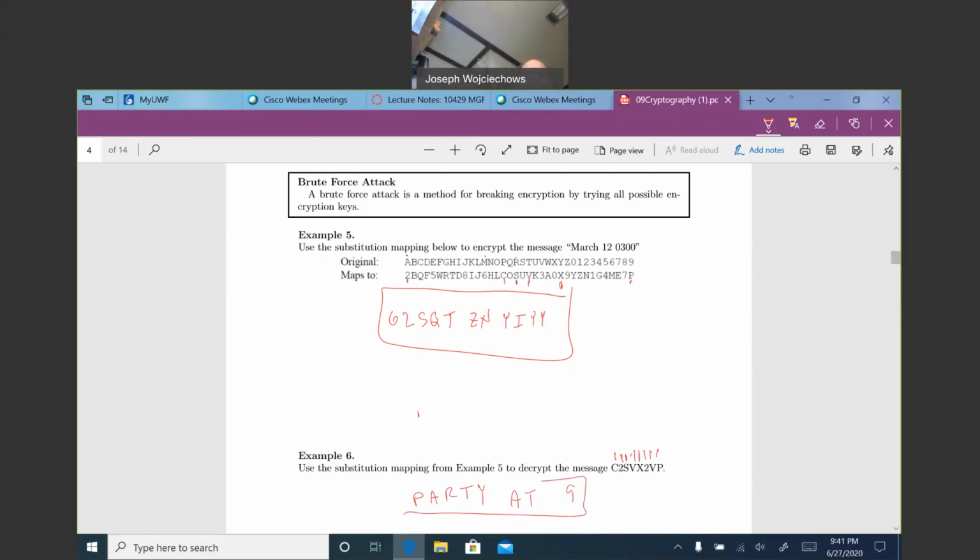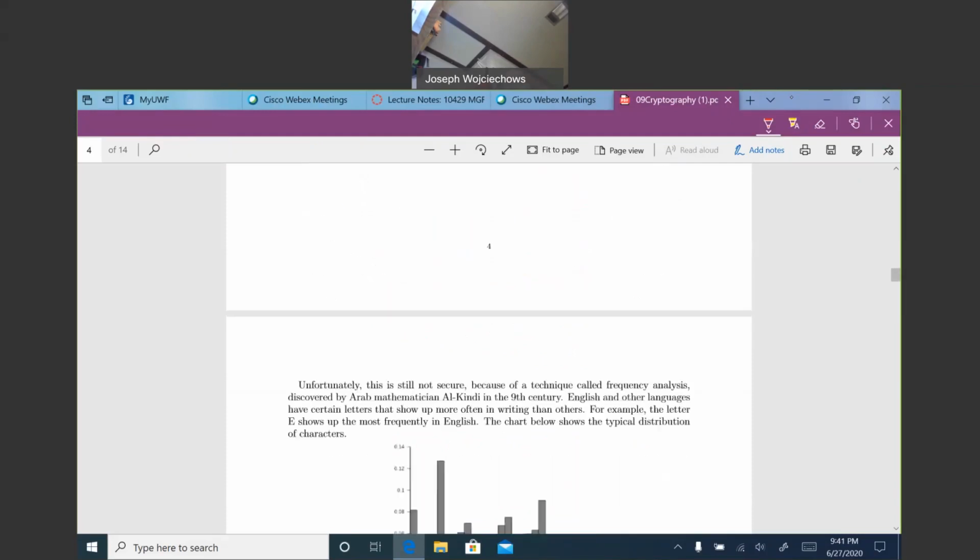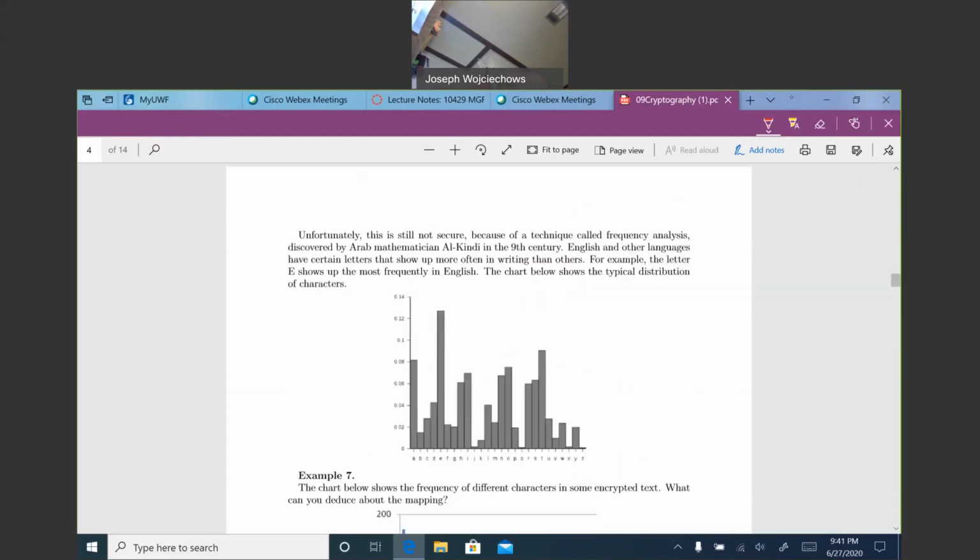So again, this would be very difficult to do, but it can be done, which is what we're going to talk about next. Not to mention it's difficult to encrypt and decrypt. So unfortunately, like I said, certain letters in the English language are used more often than others, using something called frequency analysis.